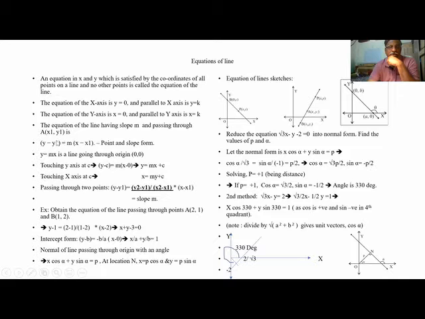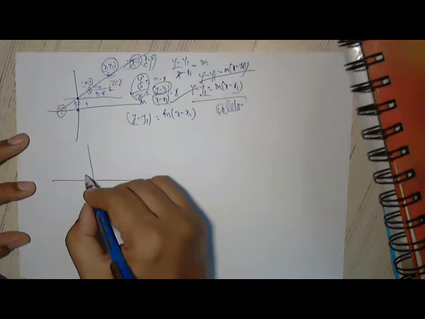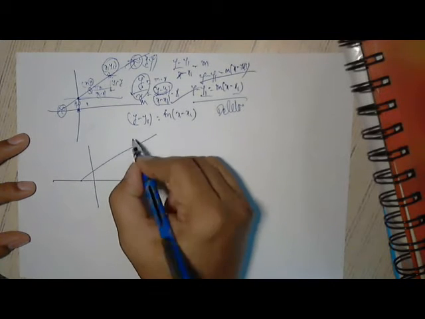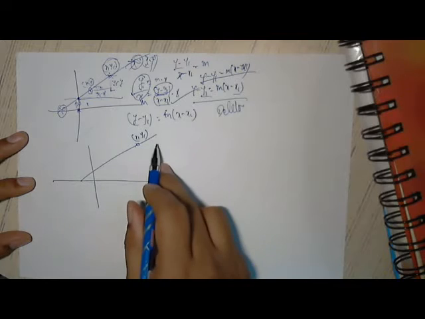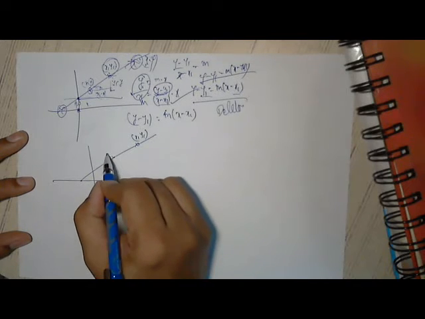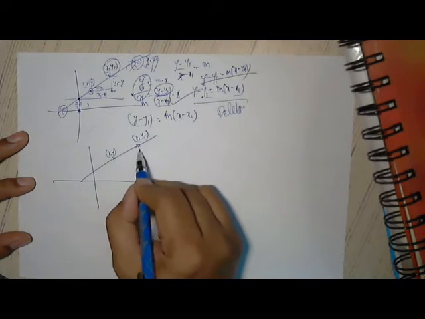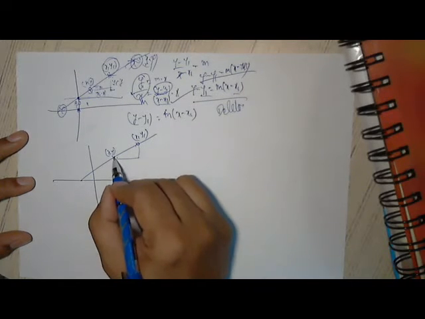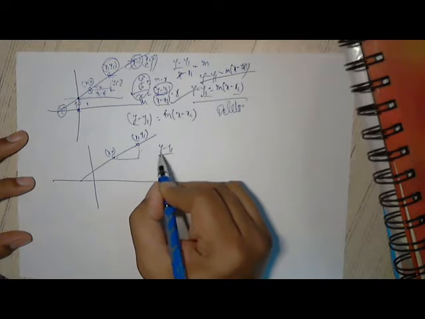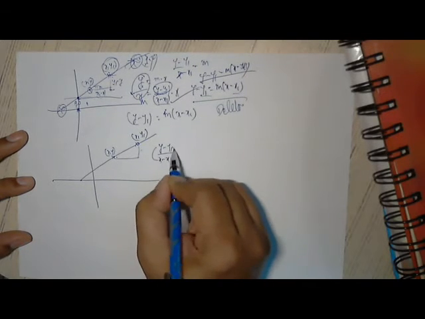How has this come? Let us see the slope point form. A line is given, and a point is given, (x1, y1). Now I want to find the equation of this line. Let us take a random point (x, y). What is the slope here? It is (y minus y1) by (x minus x1).